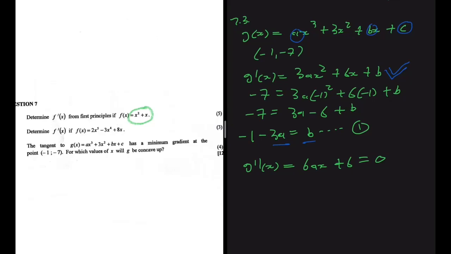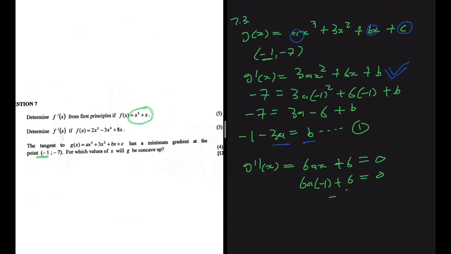So again, we know the x value of that point, it is -1, so we can substitute that -1 in our equation. If we substitute that -1 there, we're going to get 6a times (-1) plus 6 equals 0.